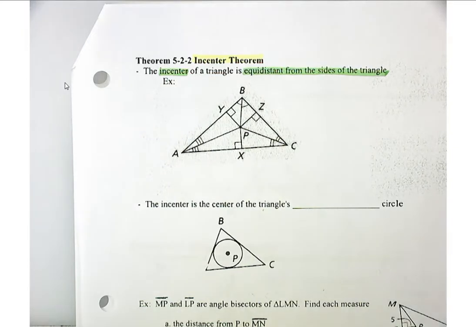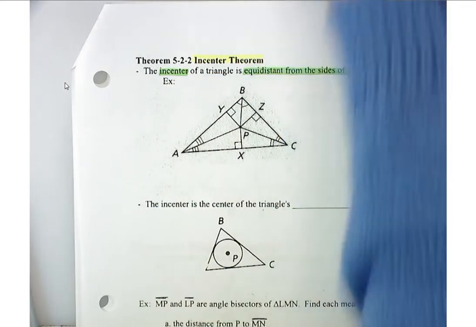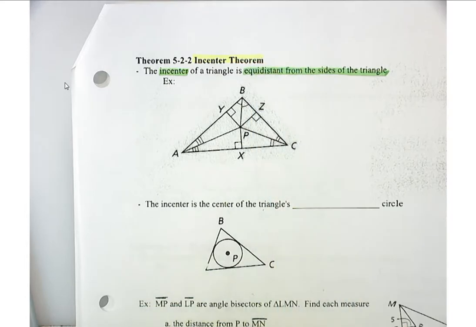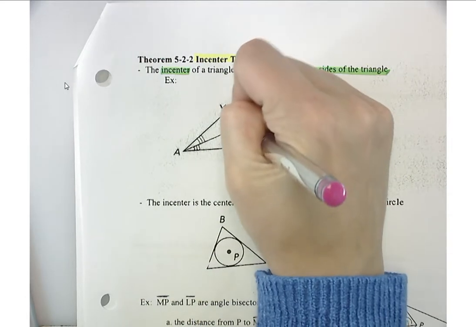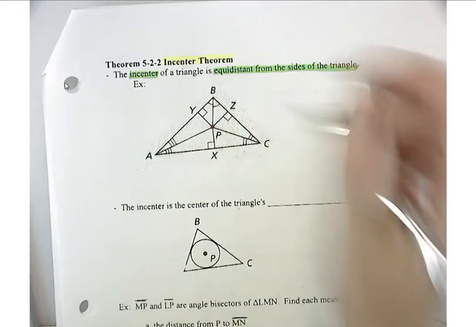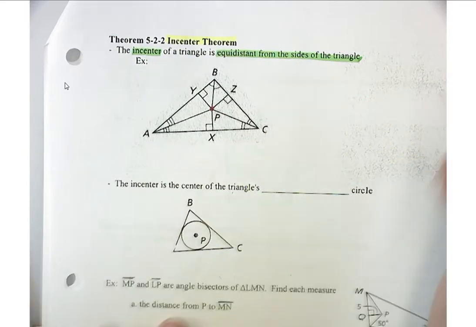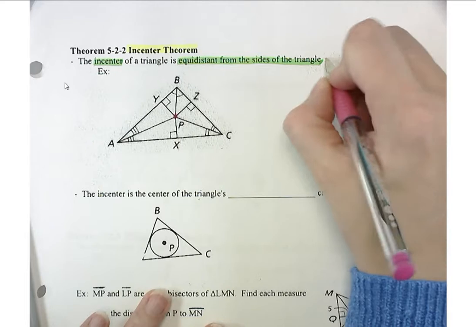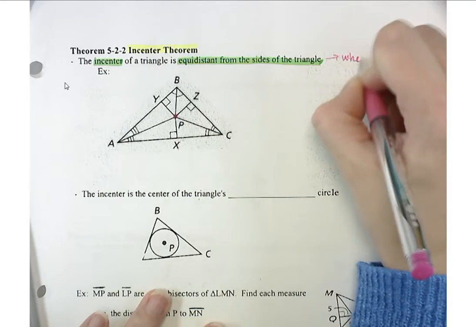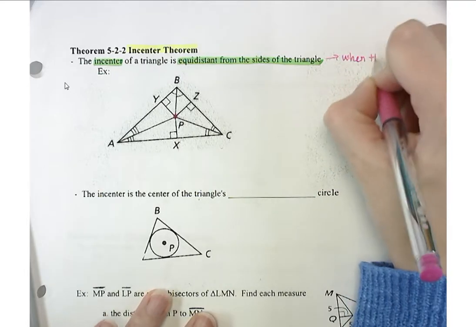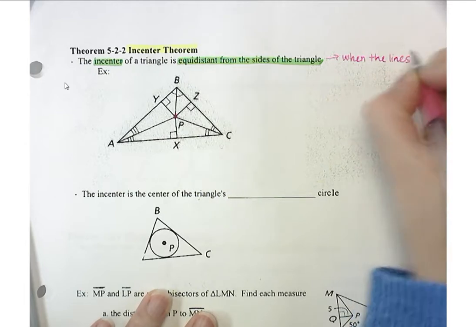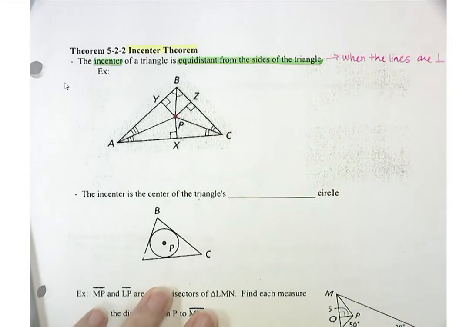So let's go ahead and label. Here, P is our incenter. And to this, we're just going to add: this is when the lines are perpendicular.